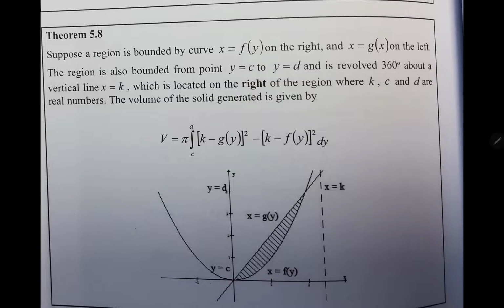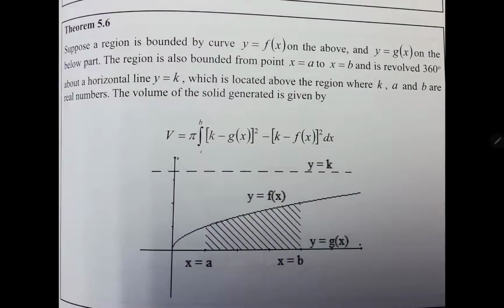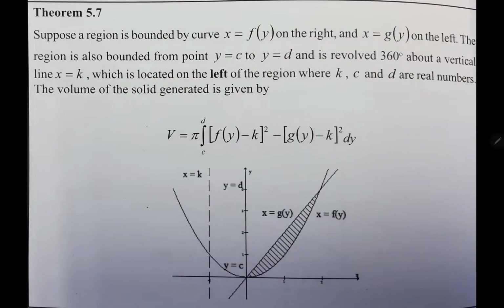Okay, ingat untuk yang 5.5 and 5.6, persamaan dia adalah axis of revolution bentuk horizontal. Kalau axis of revolution dia dekat bawah shaded region, kita guna formula teorem 5.5. Kalau dekat belah atas shaded region, kita akan guna teorem 5.6. 5.7 dengan 5.8 pula persamaan dia adalah axis of revolution dia bentuk vertical.